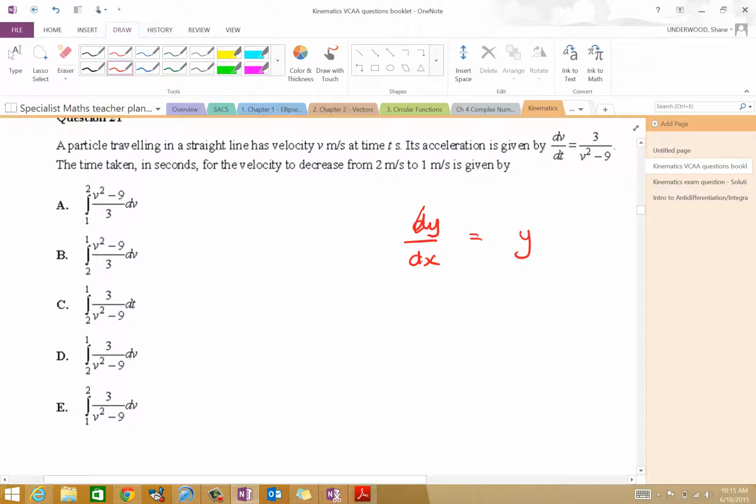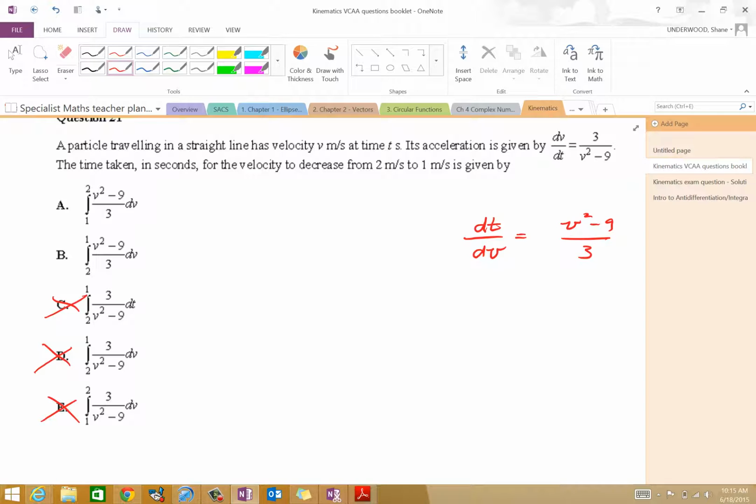So we actually have to go dt dv is equal to v squared minus 9 over 3. That gets rid of that, that, and that. So you see instantly, if you didn't get it and had to guess, you'd have a 1 in 2 chance.